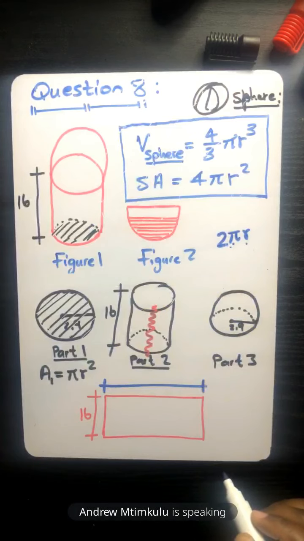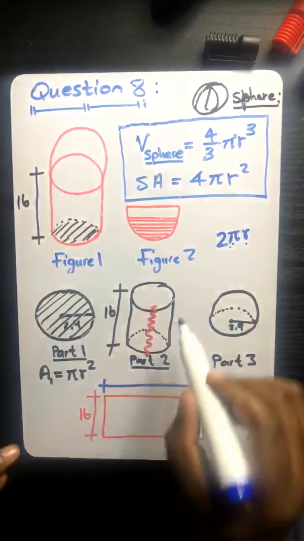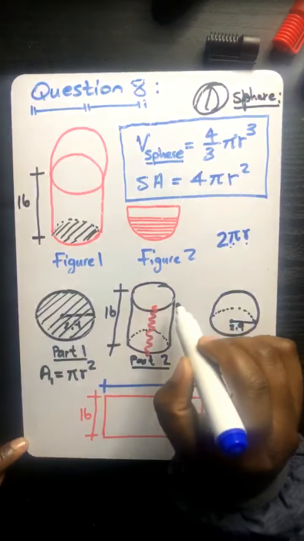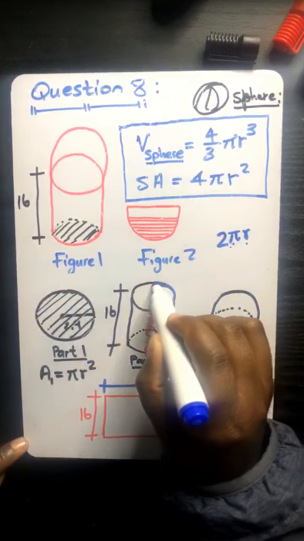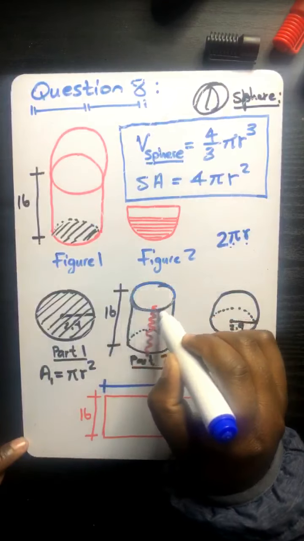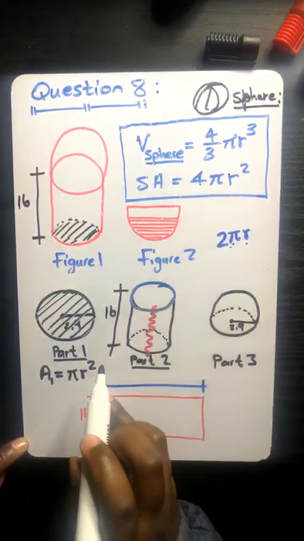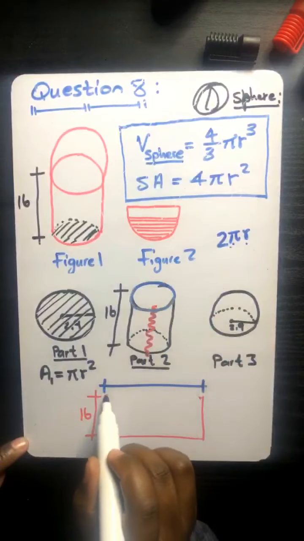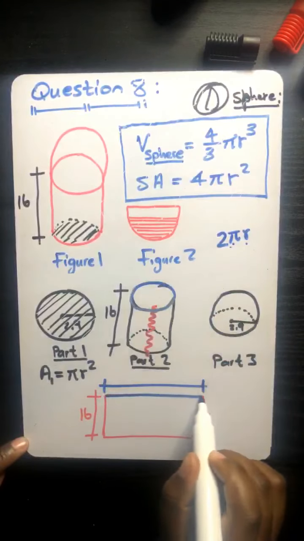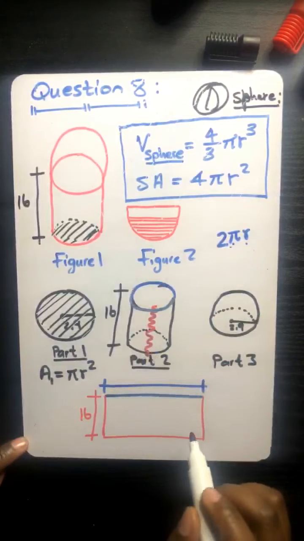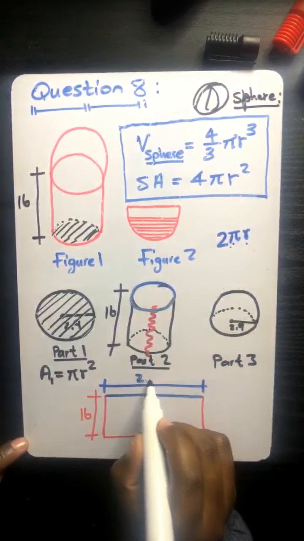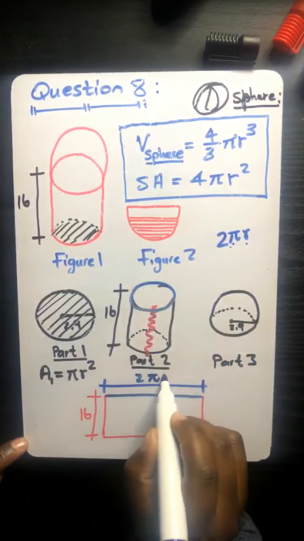Sir. So it's more like the length of this being that, when I uncan that can, it's actually 2 pi r.